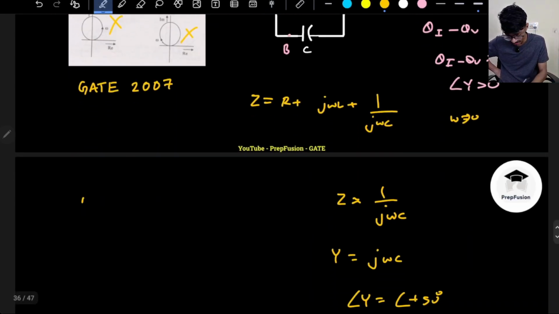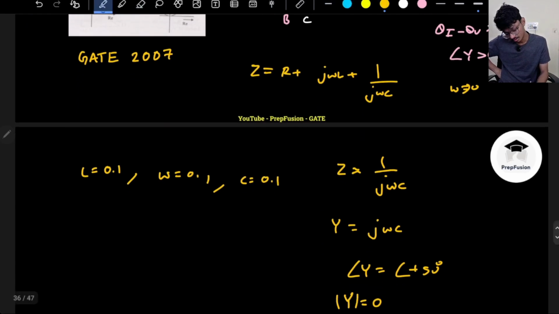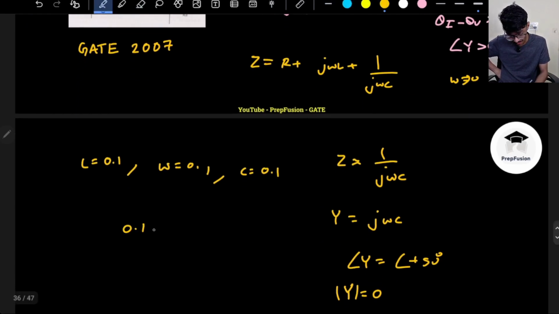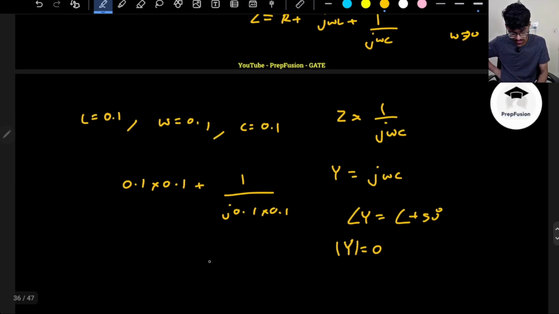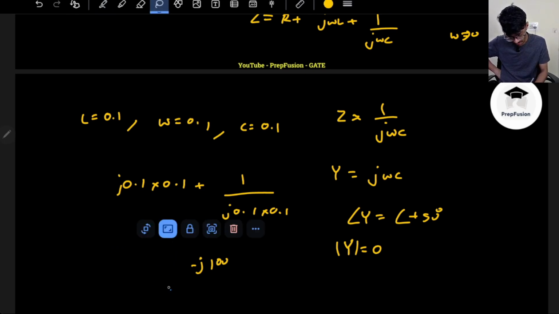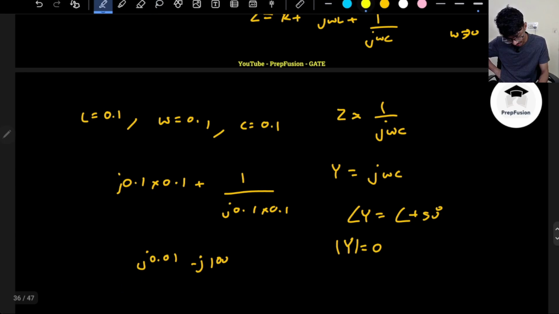Let's take an example value: L is 0.1, omega is 0.1, and C is also 0.1. Then omega L is 0.1 into 0.1, plus 1 by 0.1 into 0.1. Still it is very large. 1 by 0.1 into 0.1 is basically 100, so minus j 100, and this is just plus j 0.01. So who will dominate? Still the capacitance will dominate, right?